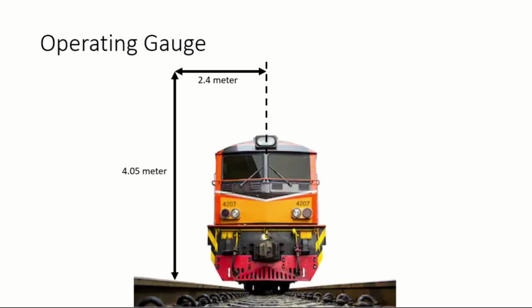Okay. So this is the general standard for the operating gauge lah. If someone say the operating gauge, usually the standard width dia adalah daripada tengah ni ke tepi adalah 2.4 meters, and the height is around 4.05 meters. Okay.